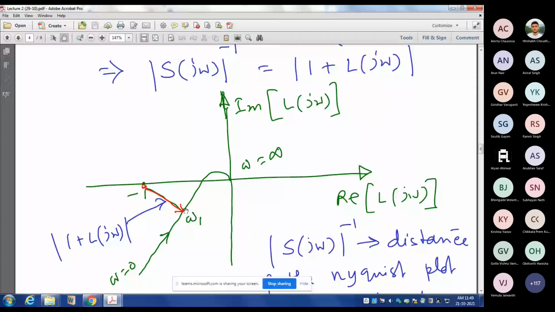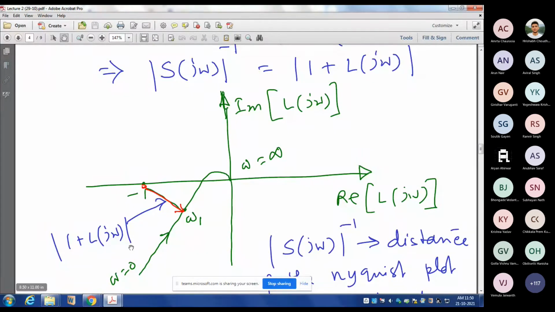Here this distance will give you 1 plus L j omega, and this is your vector 1 plus L j omega. So this is your L j omega vector, this is the vector 1, and the vector sum of these two is equal to this one. Okay, this is 1 plus L j omega.